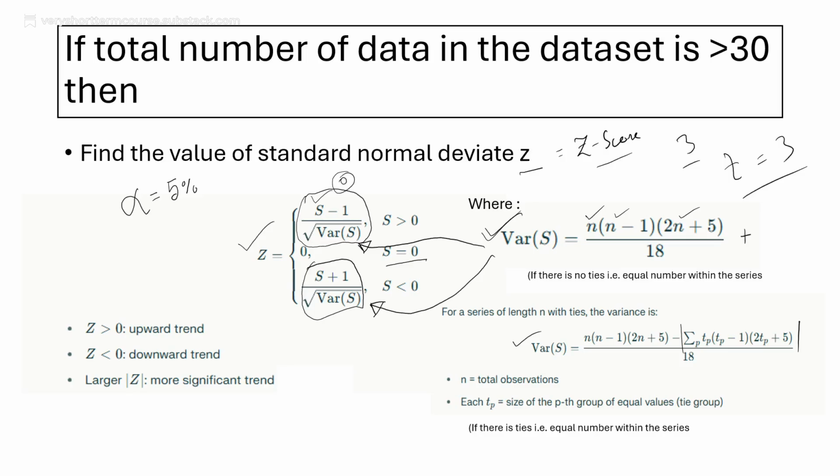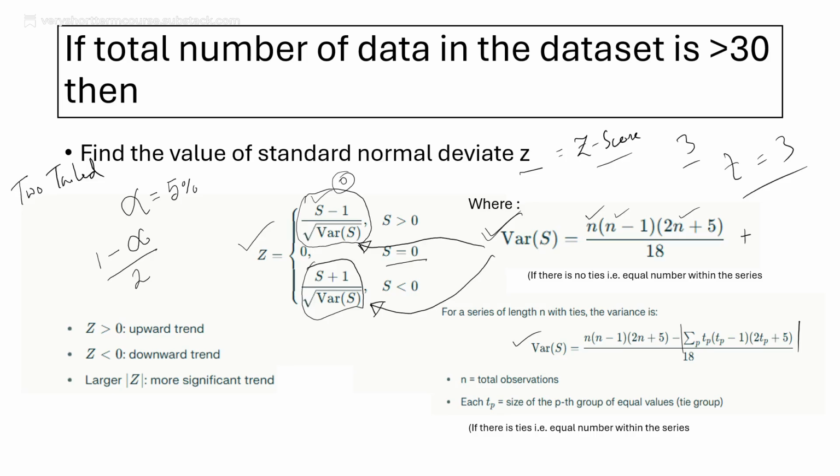Then your next step will be to calculate 1 minus alpha divided by 2, because generally when you are using the Z score, it will be a two-tailed test, and when you are using tau, it will be a single-tailed test. So, two-tailed test.